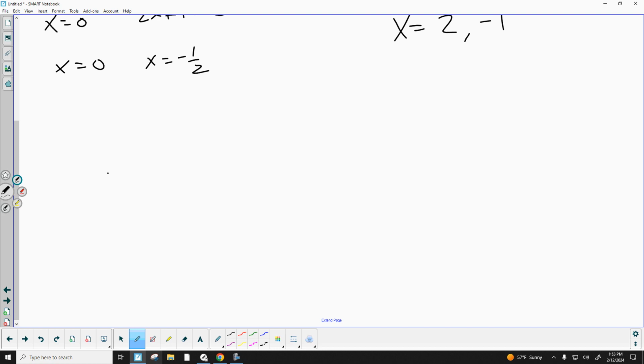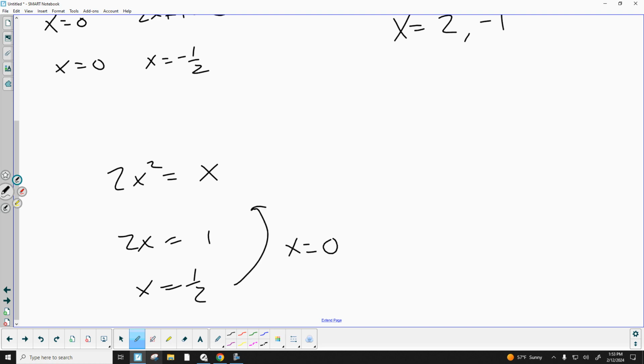They have 2x squared equal to x, and they say, oh, I can solve this, I'm going to divide by x. And they say 2x equals 1, x has to equal a half. Yeah, that's one solution, but another solution is x equals 0. So we never divide by x's, okay?